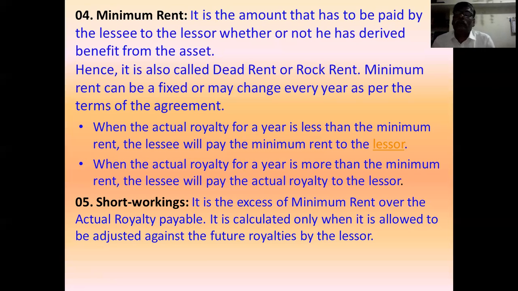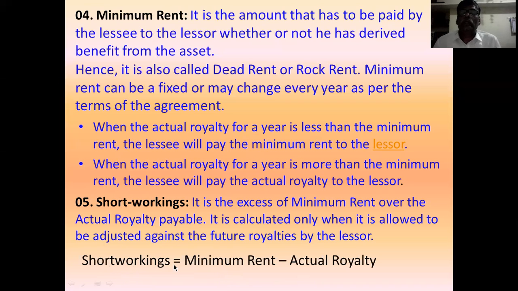What is short working? Short working is the excess of minimum rent over royalty. The equation is: short working is equal to minimum rent minus actual royalty. Remember this.